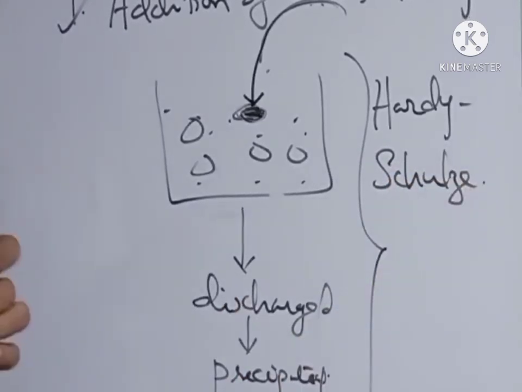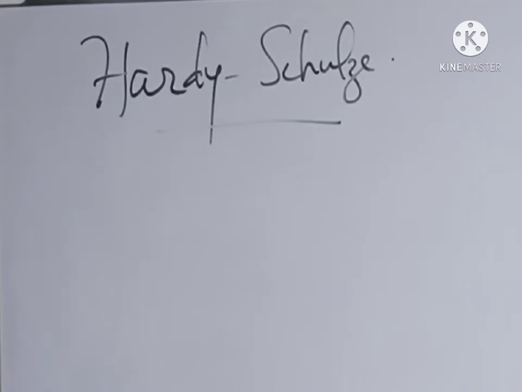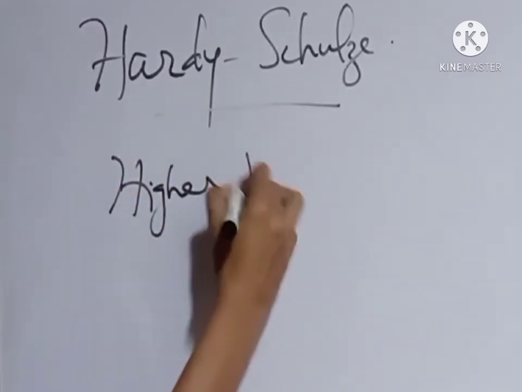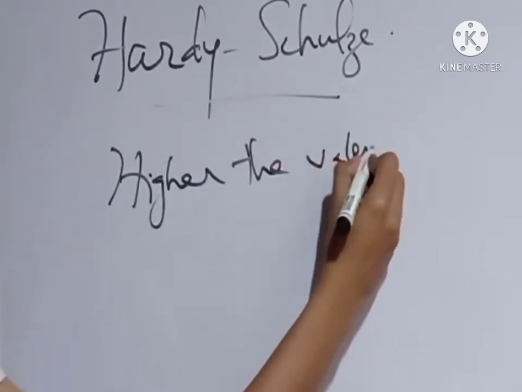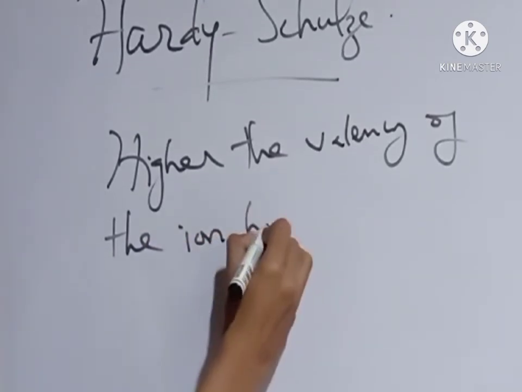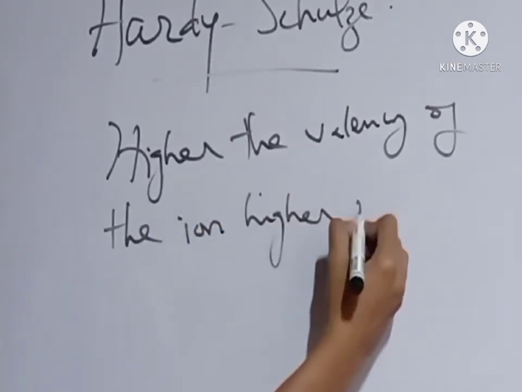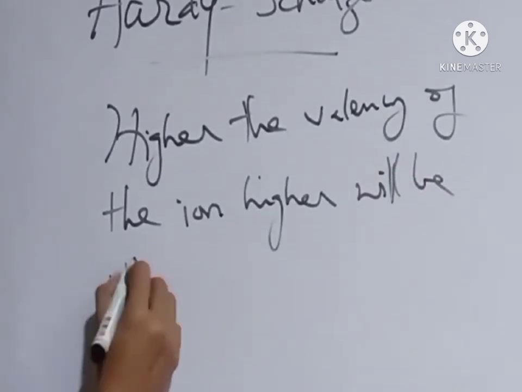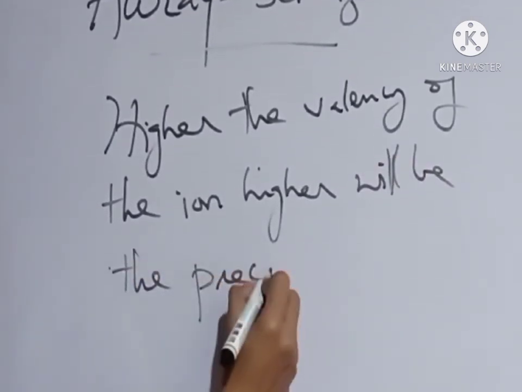According to the Hardy-Schulz rule, the higher the valency of the ion, the higher will be the flocculating power, or the precipitating power.